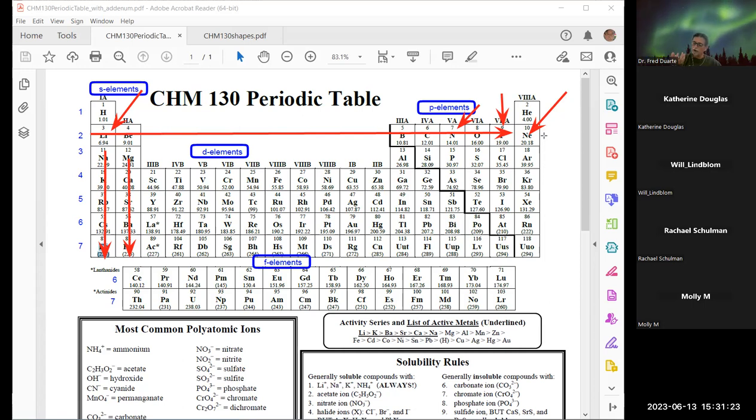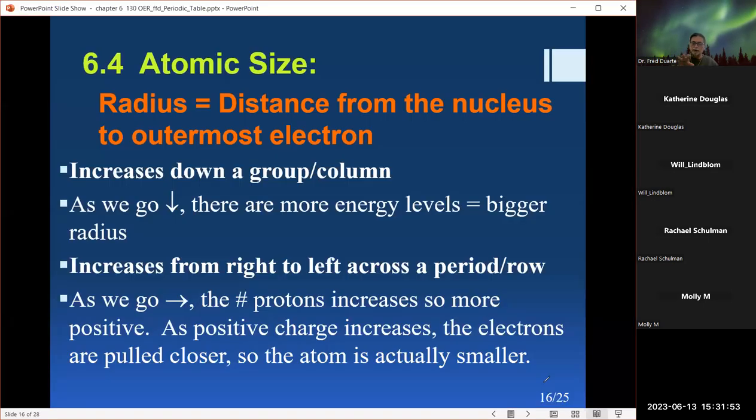If we put all these magnets together just right, the magnetic force is very strong in this handful of magnets as compared to over here when we have a couple of magnets, okay? And when that force is greater, then it starts to pull the electrons closer onto itself. And that is why, as we go from left to right, the radius decreases on the elements. As the positive charge increases, the electrons are pulled closer. So the atom is actually smaller.